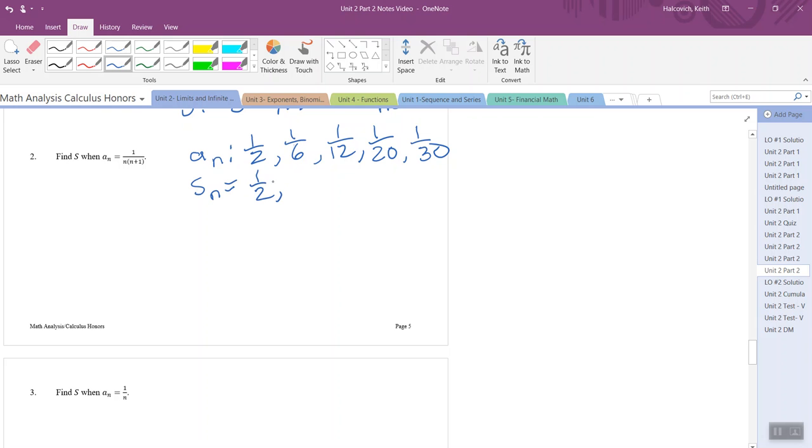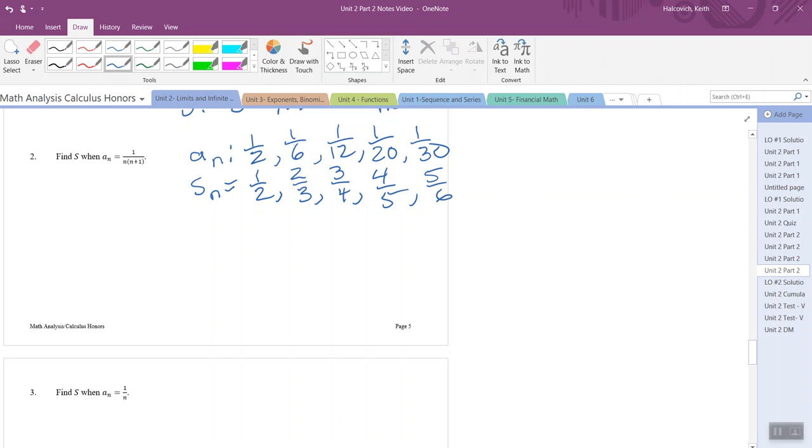1/2 plus 1/6, so 3/6 plus 1/6, 4/6, which is 2/3. 2/3 plus 1/12, so 3/4. 3/4 plus 1/20, so 4/5. And then you can guess the pattern, 4/5 plus 1/30 is 5/6.